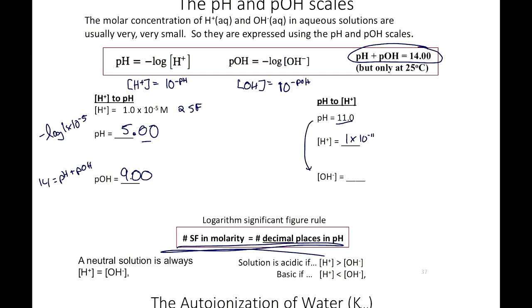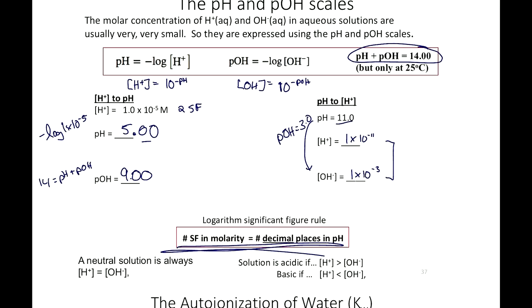To get hydroxide concentration, you can kind of do a midway kind of analysis here. If pH equals 11, that means pOH is equal to 3, or 3.0, I guess. So that means hydroxide concentration is 1 times 10 to the negative 3. Right? So there's something special about the relationship between these two numbers, and that has to do with the autoionization of water.